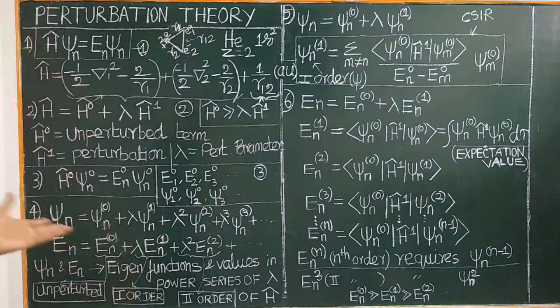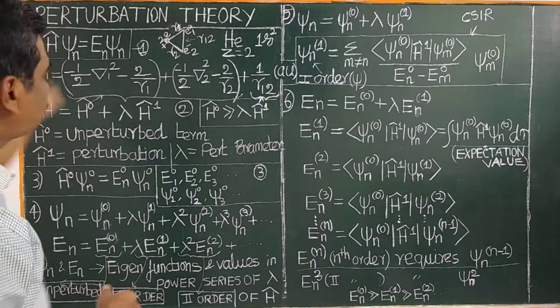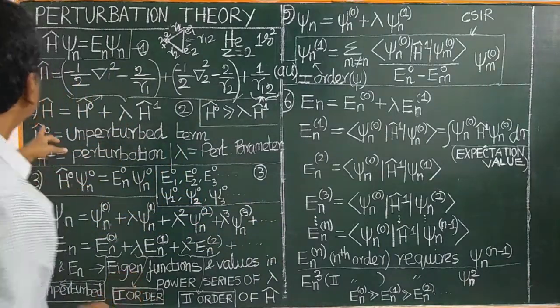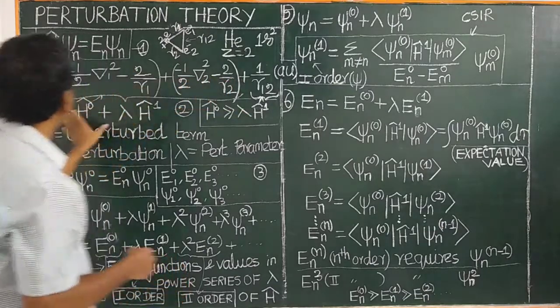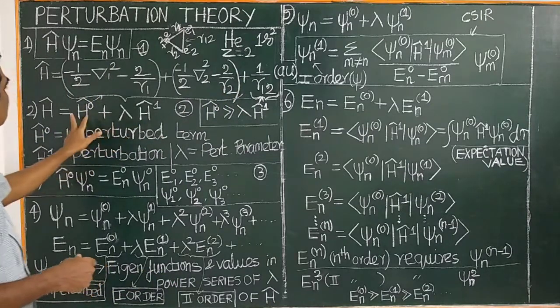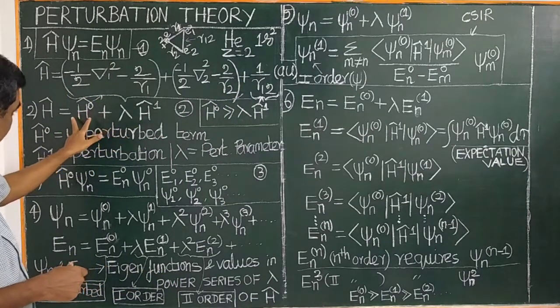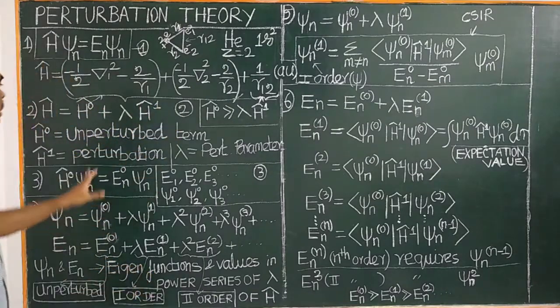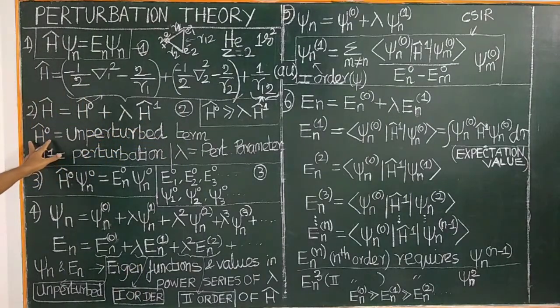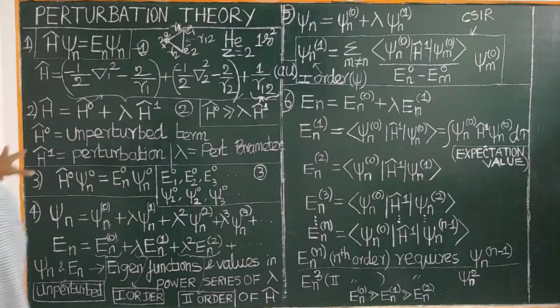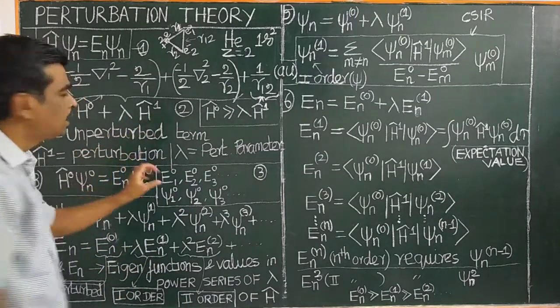Therefore, we apply the perturbation theory. Let us see the perturbation theory now. What is perturbation theory? This Hamiltonian H cap is split into two parts: H cap equals H cap naught plus lambda H cap prime, where H cap naught is called the unperturbed Hamiltonian term, and H cap prime is called the perturbation term.